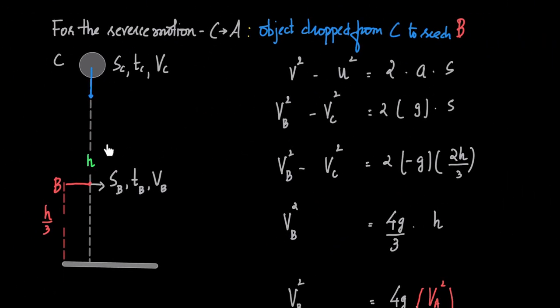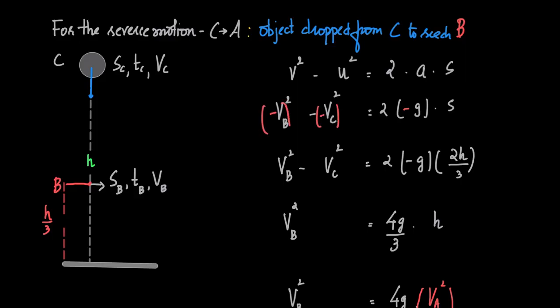So when we consider the same motion from C to B by the equation v square minus u square is 2as, where again minus VB, G is minus G. So minus VB square. Okay. Now this is tricky. Why? Because v square is minus VB the whole square. What is u square?